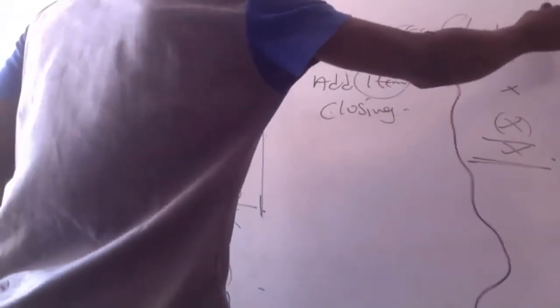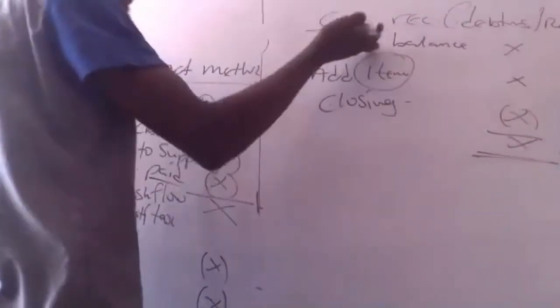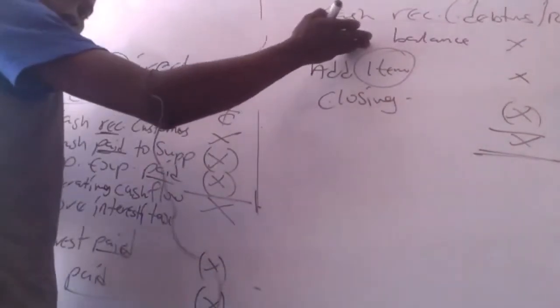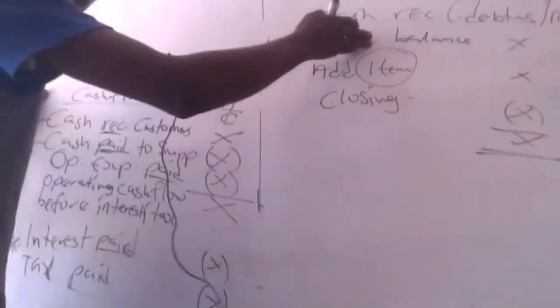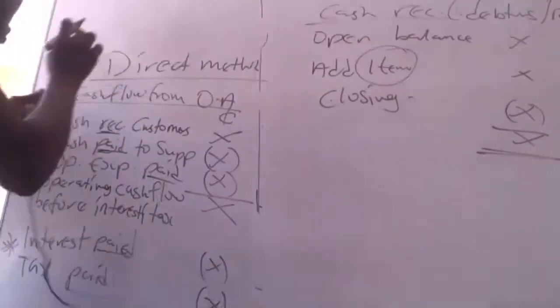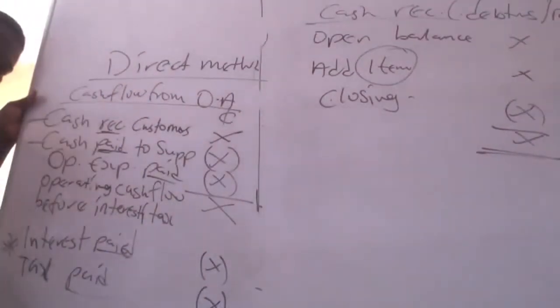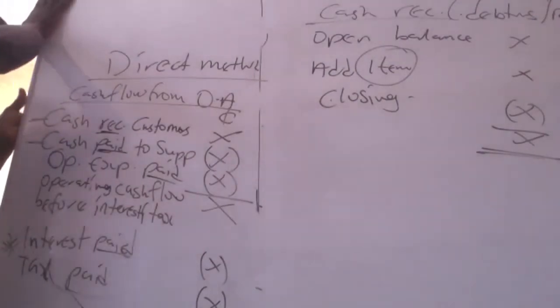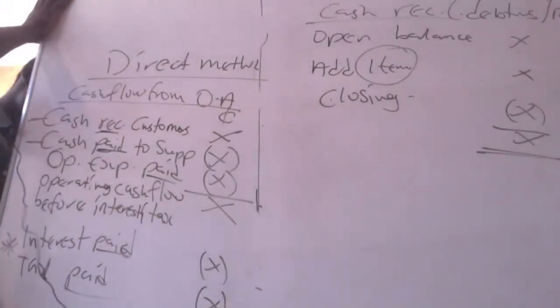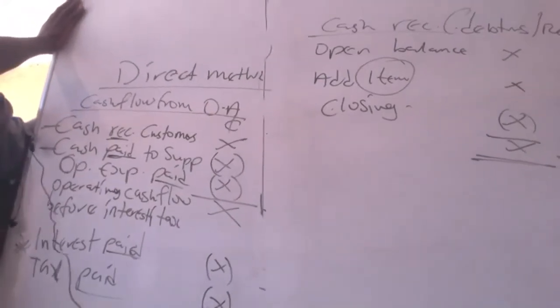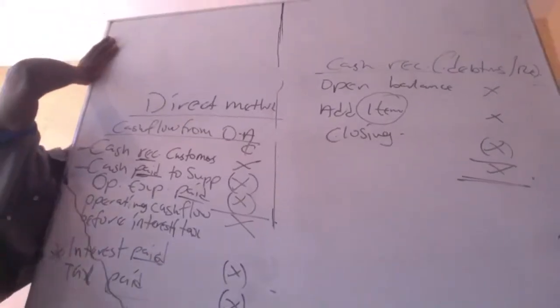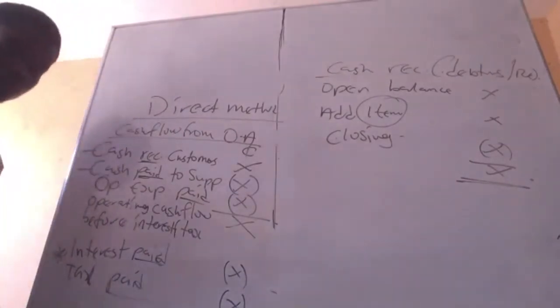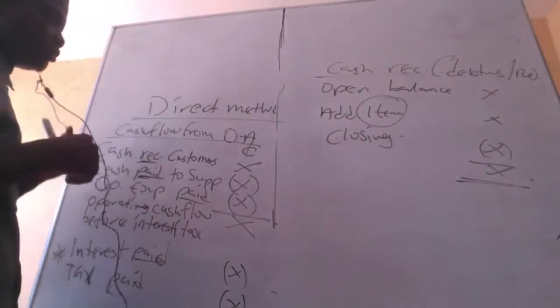Open balance of debtors. Good. So what do you do again? What can cause receivable?